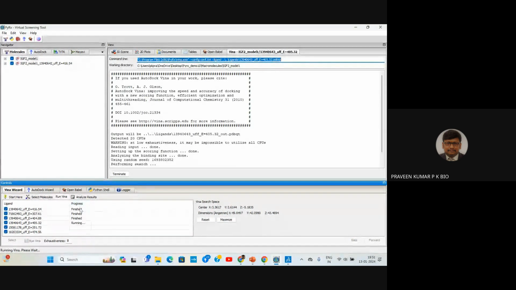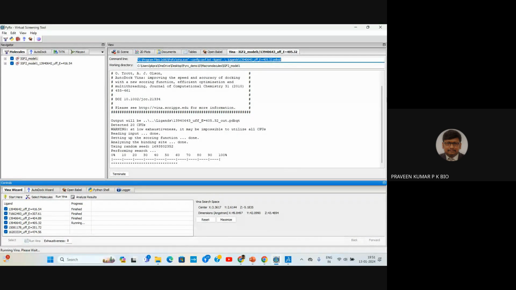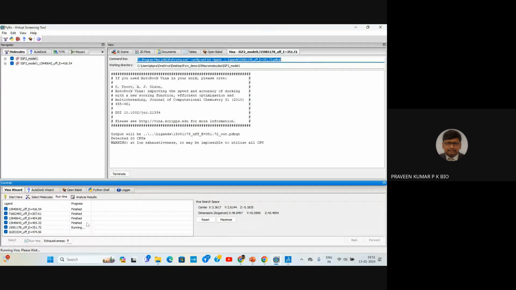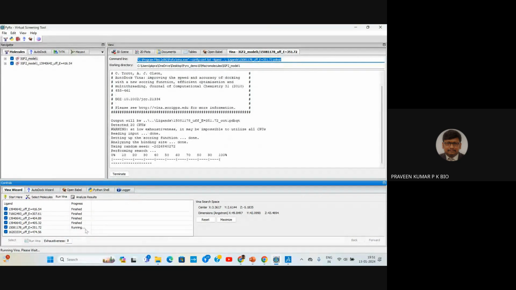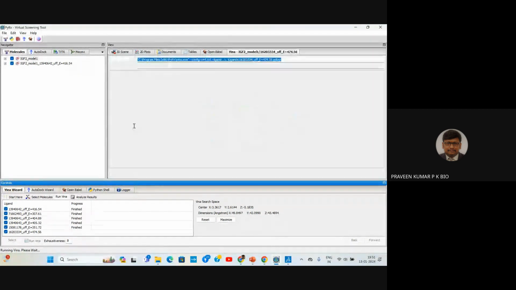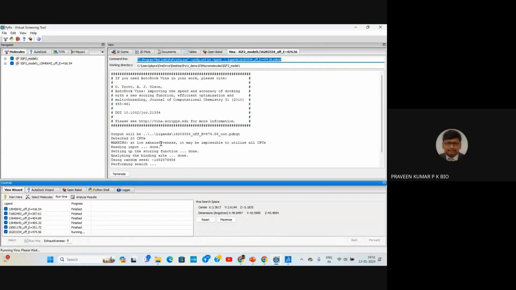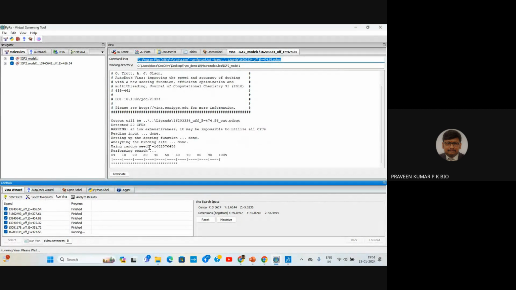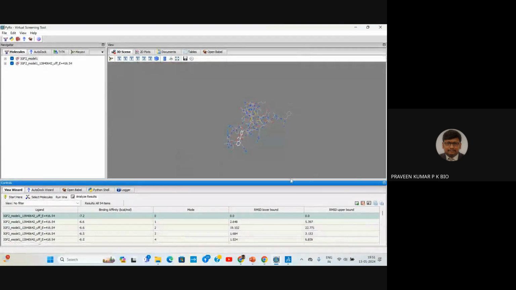See, 3 ligand molecules are already docked with the protein receptor. The fourth is also completed, and 2 more are left. The status is mentioned here: nearly 20 CPUs are detected. Because the processing power is more, I'm getting results somewhat faster.